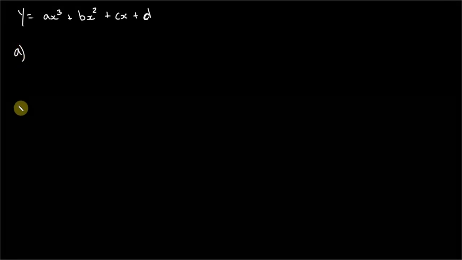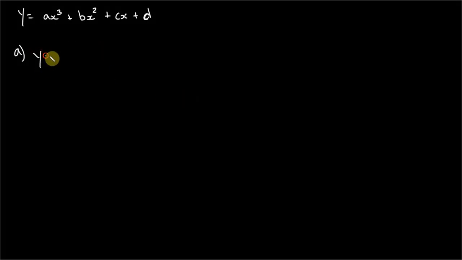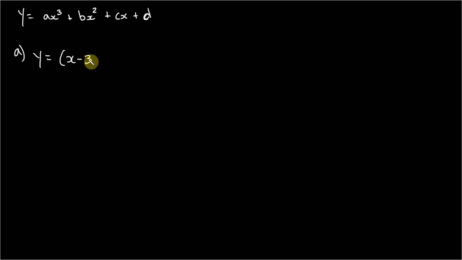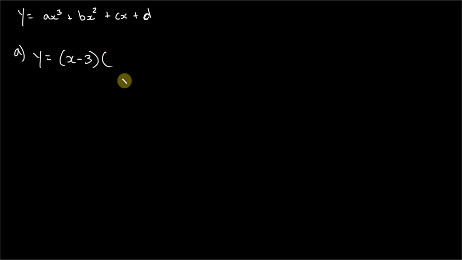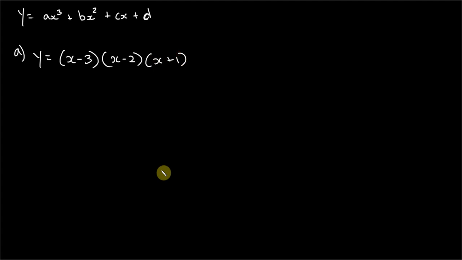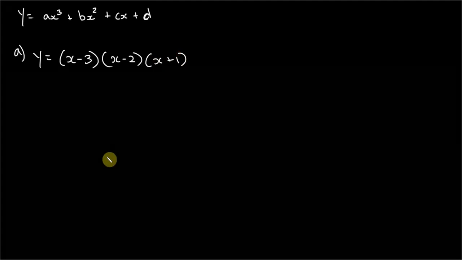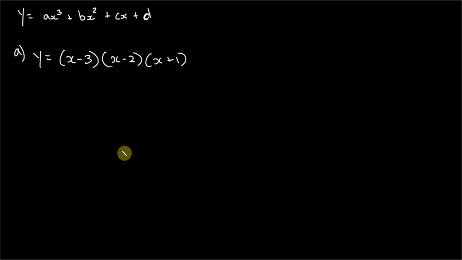And so, for example, say that we are given that y equals (x minus 3) times (x minus 2) times (x plus 1), and we are asked to sketch the following curve and indicate clearly the points of intersection with the axes.